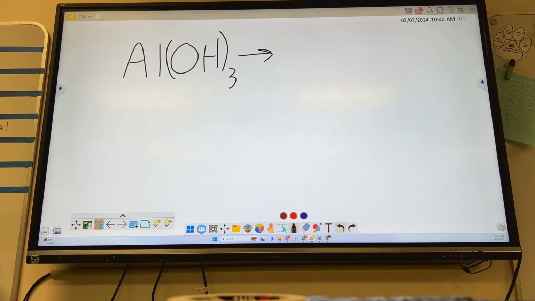Decomposition. This is one thing. We're not replacing anything. We're not adding 2 things together. This surely isn't combustion. So in this case, we're going to have decomp.